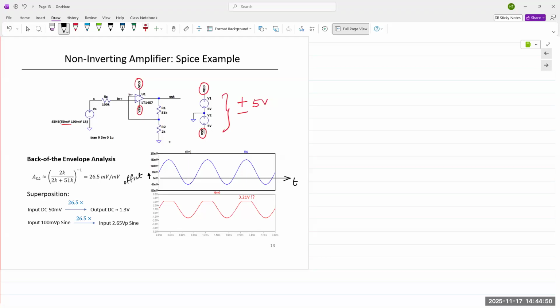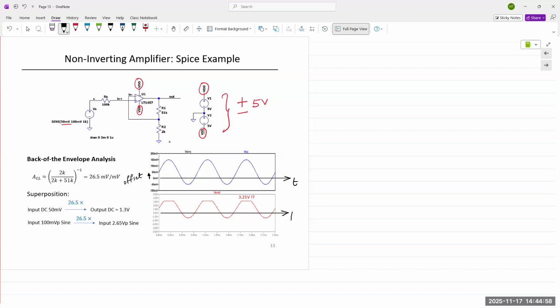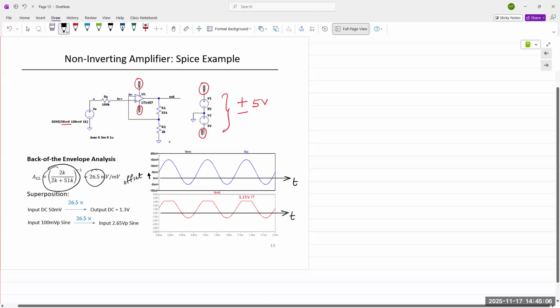And here's the output 0 volt line. With the ratio of the two resistors, we can see the gain is going to be 26.5.